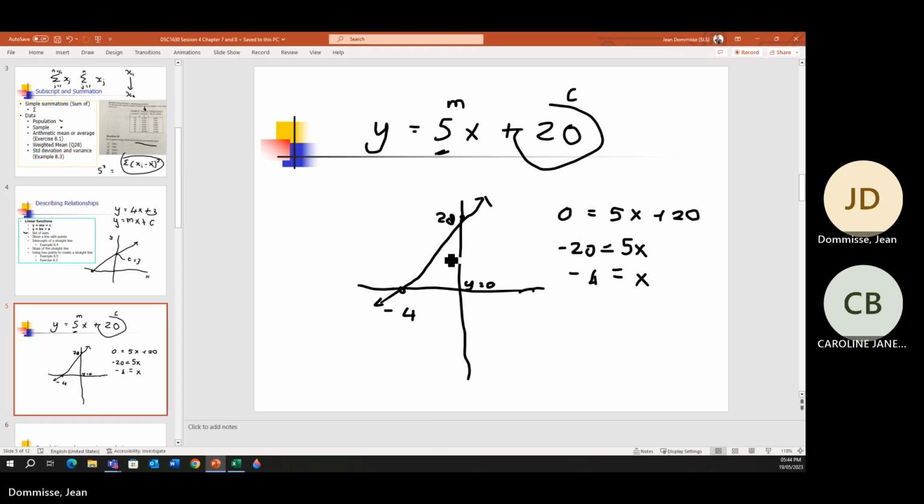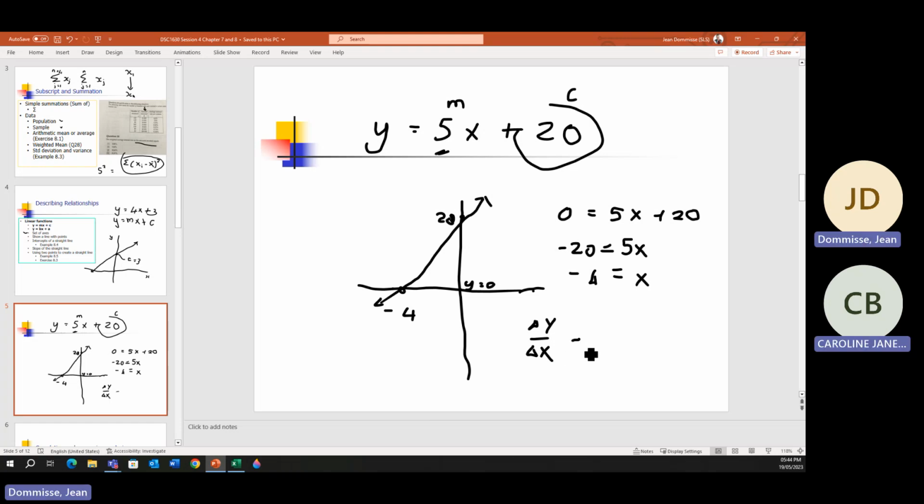On page 150, they tell you that how to work out the slope is the difference in y divided by the difference in x.